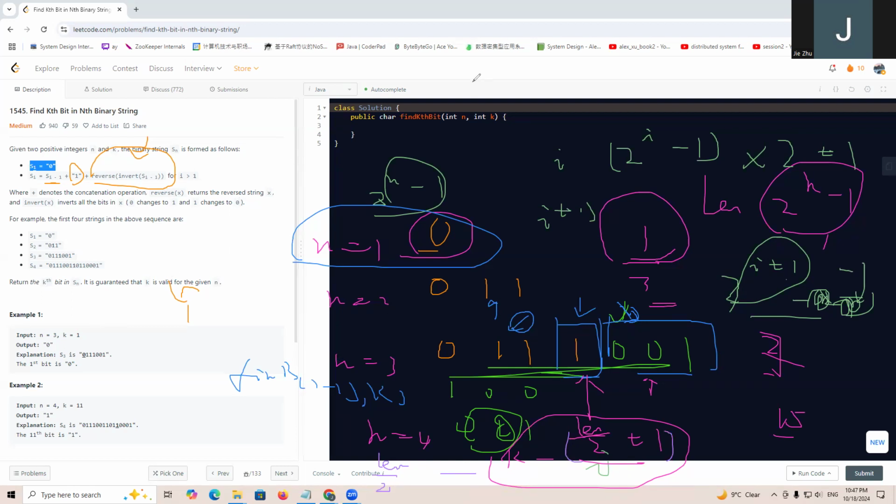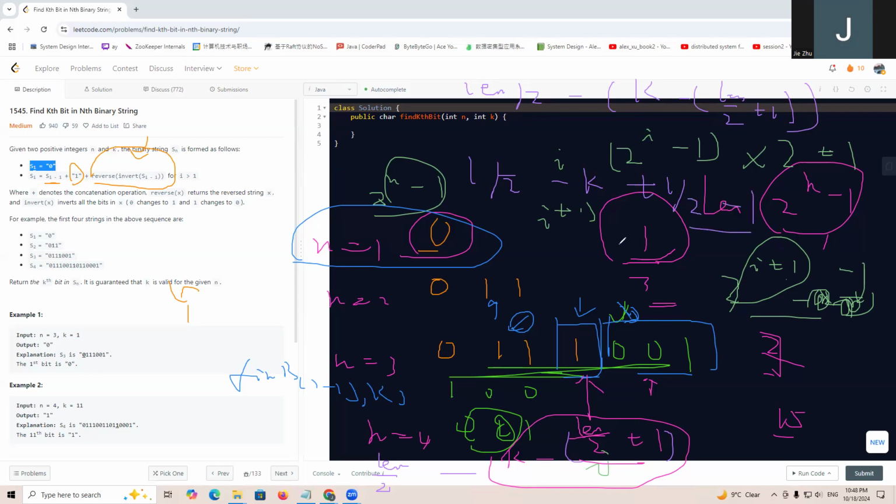That is length divided by 2, minus the quantity k minus length divided by 2 plus 1, and then the parentheses: that is length divided by 2 minus k plus length divided by 2 minus 1.